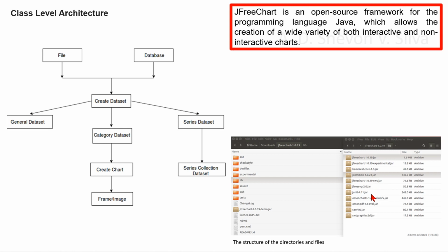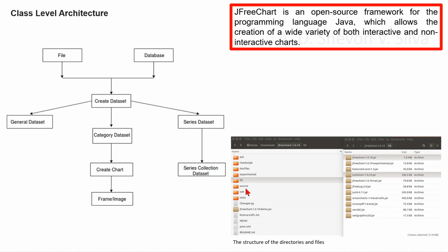Here JUnit 4.11.jar. Here Awesome charts 1.4 eval no fx.jar. Here Awesome PDF 1.6 eval.jar. Here server.jar. Here SWT graphics 2d.jar.